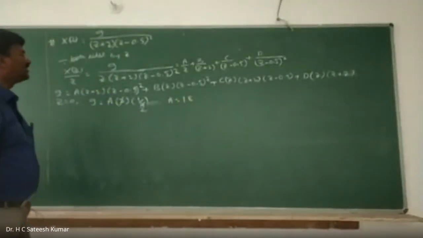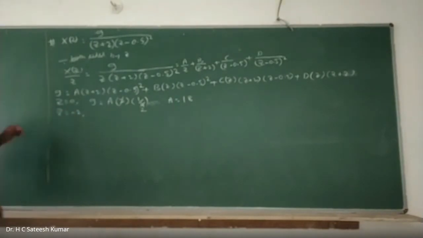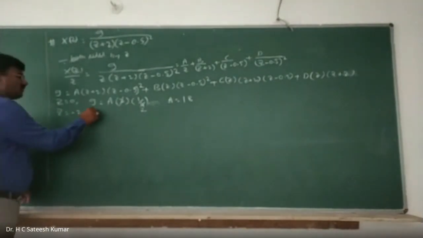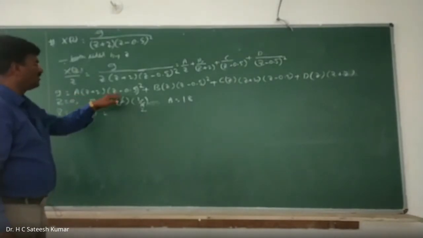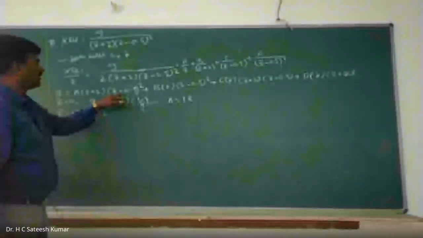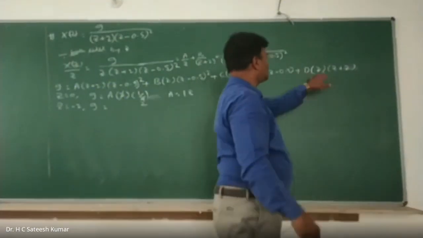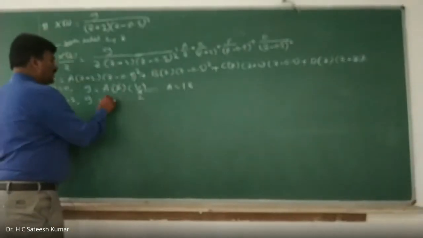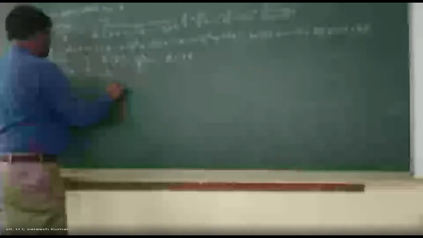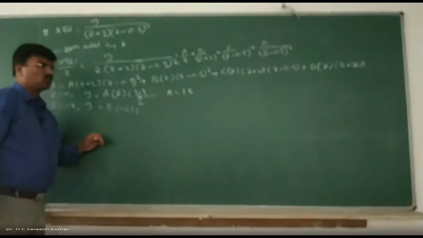Okay, put z is equal to minus 2. 9 is equal to: minus 2 plus 2 is 0, so this is 0, this is also 0, this is also 0. Only this one you will get, b. So how will you get? b into minus 2 minus 0.5, which is minus 2.5.